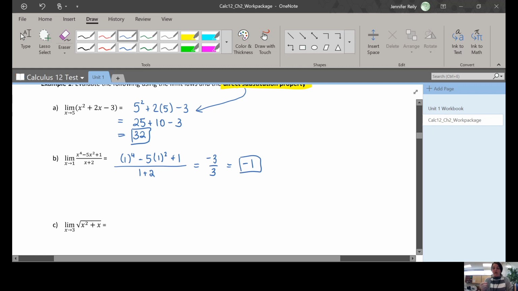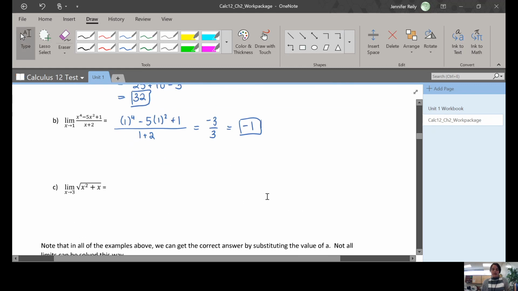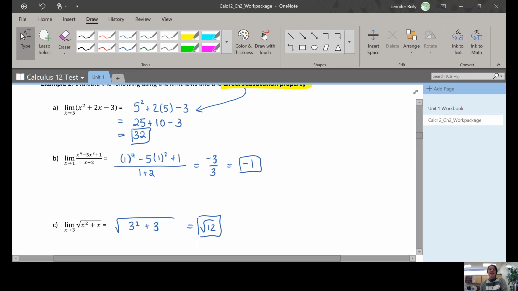Okay, so if that worked out, it's defined, then that's the answer to the limit. Same with this one. Square root of 3 squared plus 3 would equal square root of 12. Square root of 12 is defined. It's not a negative radicand, so we're good. That's the answer. Okay, so not all limits are this easy.